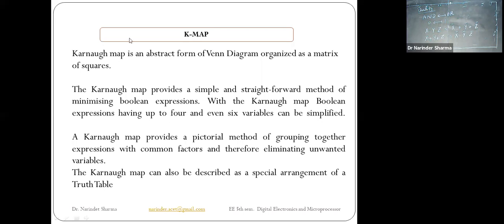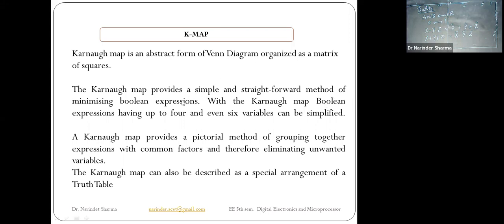There are two methods to minimize the expression. One is the algebraic method based on the Boolean theorems, and the next one is the K-map. K-map stands for Karnaugh map. It is an abstract form of Venn diagram, basically derived from the Venn diagram.